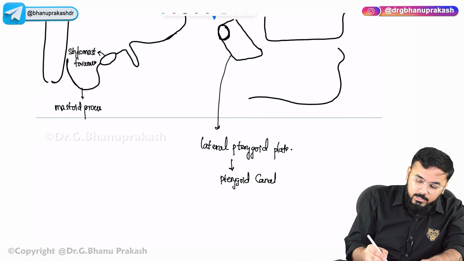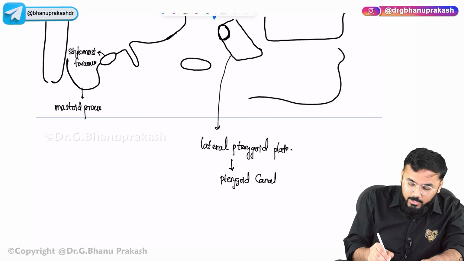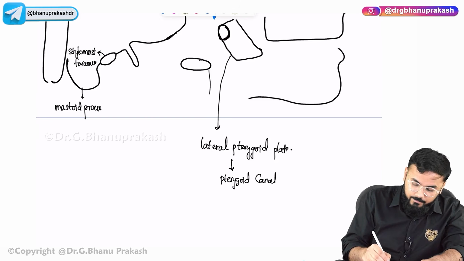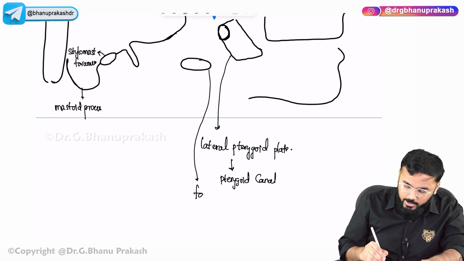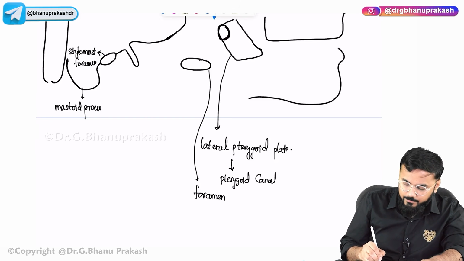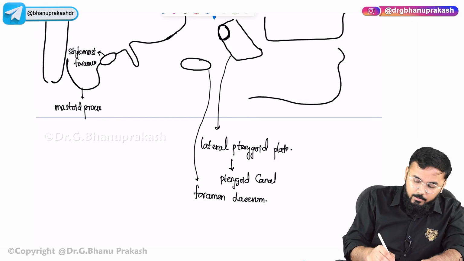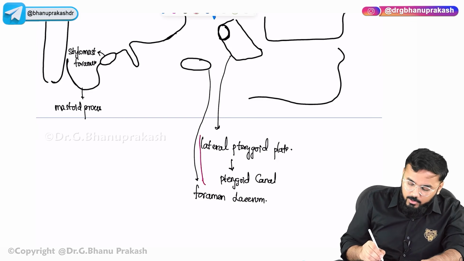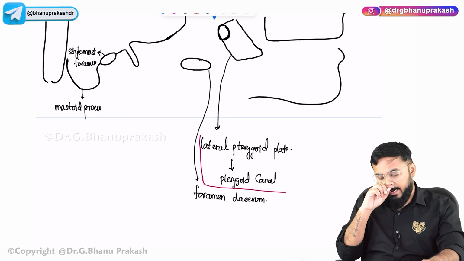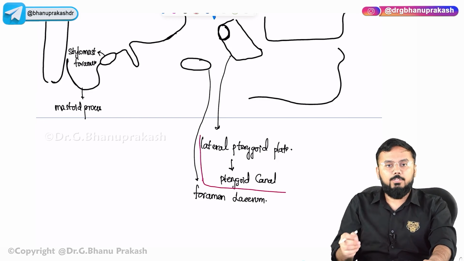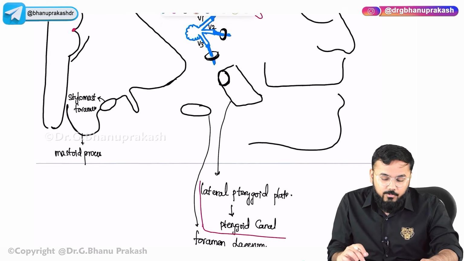Just behind this, you have another opening over here. This particular opening is called the foramen lacerum. So what are the important things you have? The pterygoid canal is present within the lateral pterygoid plate, and next you have the foramen lacerum over here.